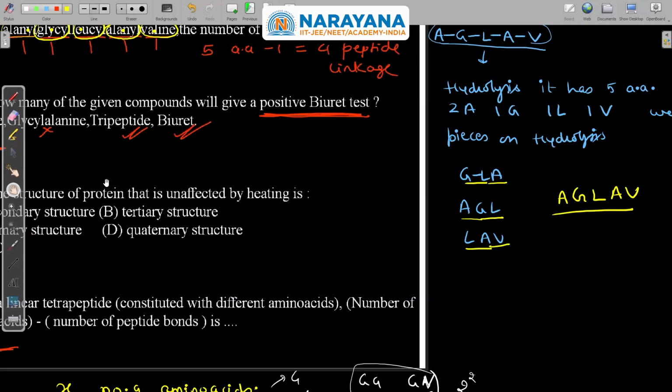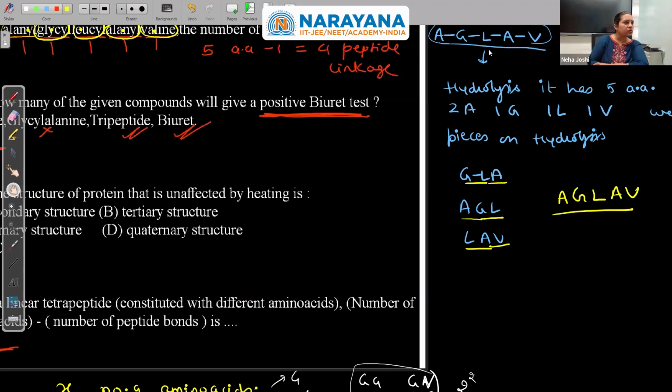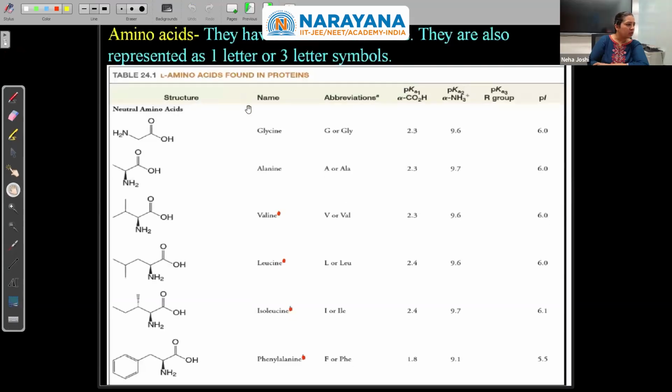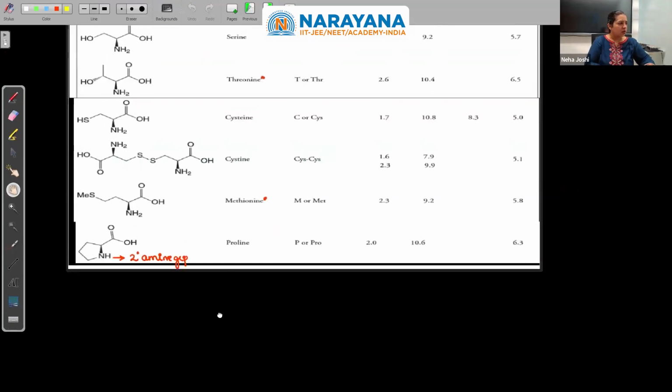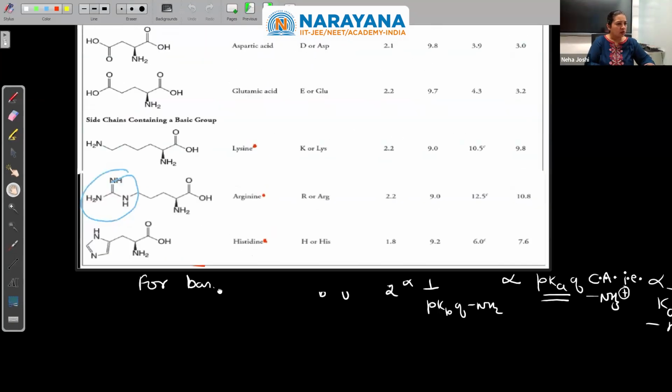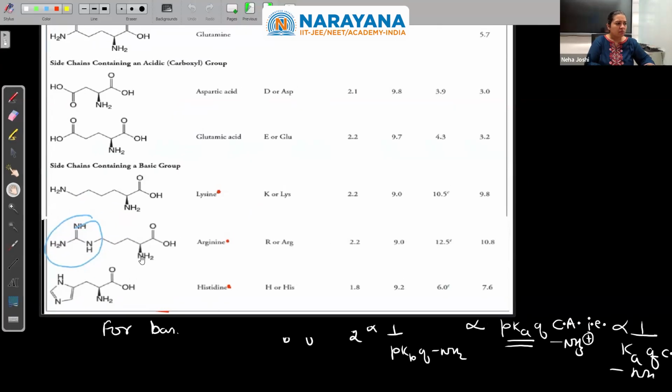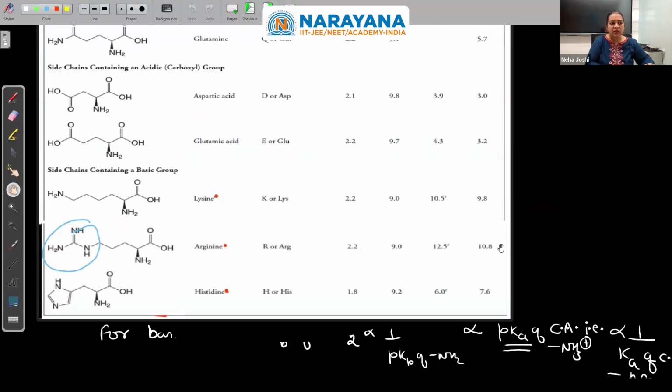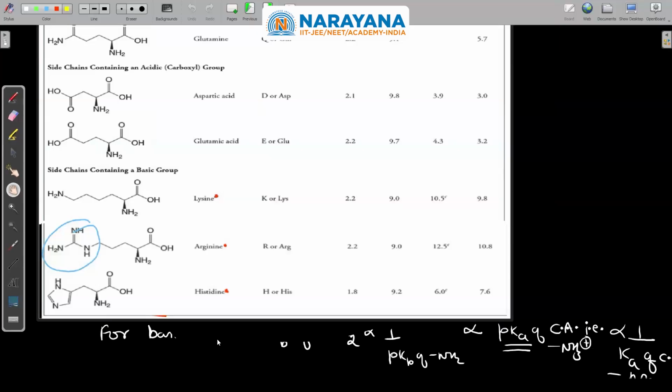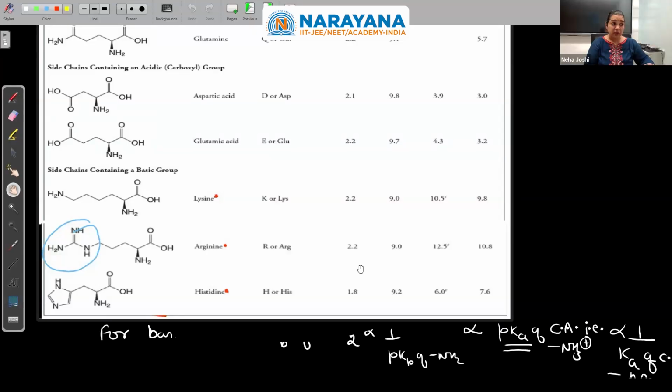Let me check what we are talking about. We said arginine only, na? But at isoelectric pH 10.8, 7.6 is right. I thought you mentioned histidine is the most basic amino acid. I might have by error, but definitely it is the guanidine thing.